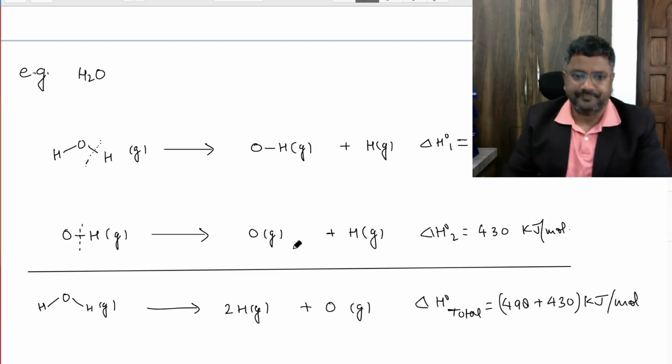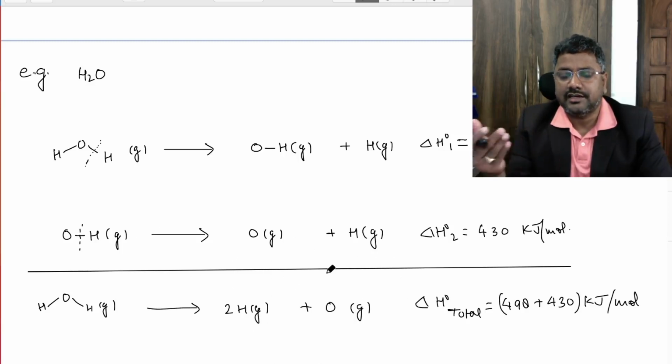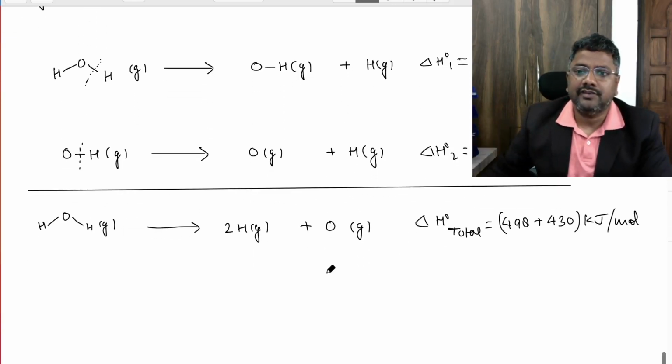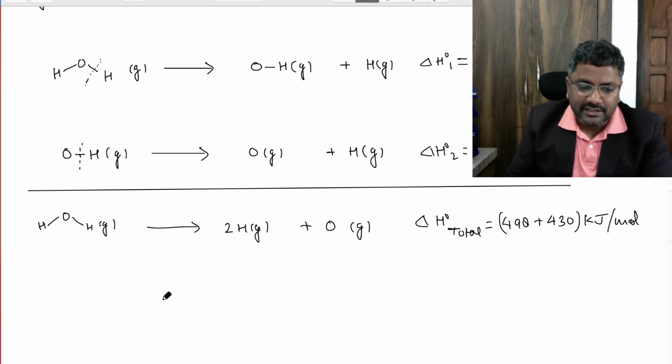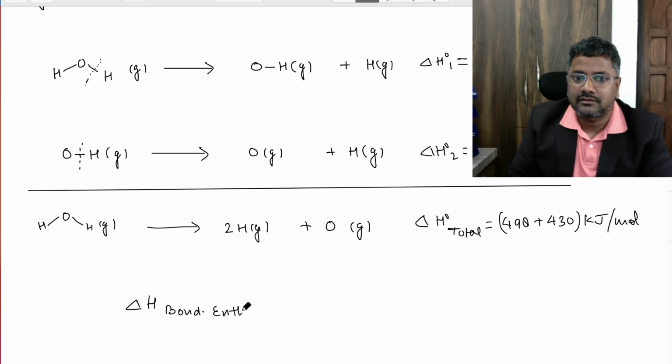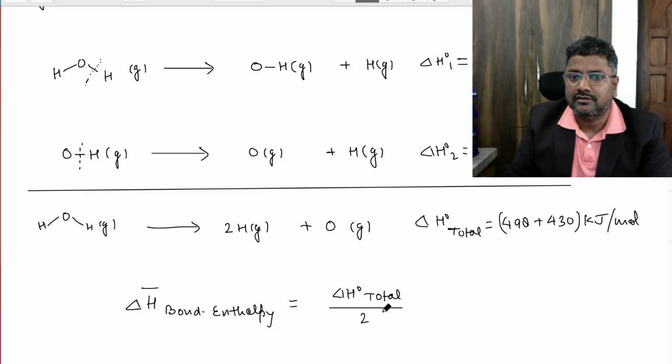So in case of polyatomic molecules, there is one way to represent the bond enthalpy, that we can take the average. So basically here the bond enthalpy is represented as an average of these two. So delta H naught total divided by 2.